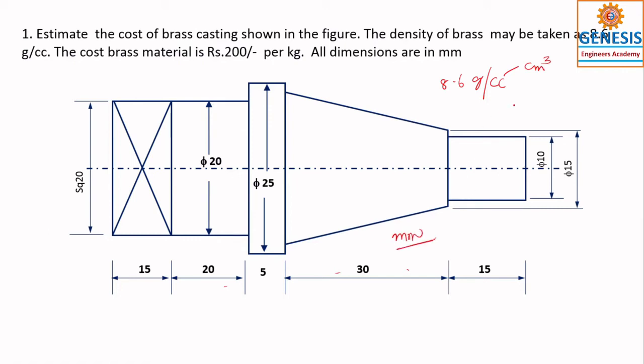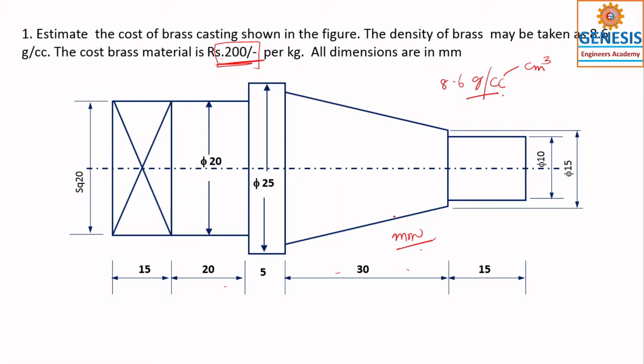So first use the mm as it is, and finally convert it into cc, and you will get the answer in grams, then convert it into kg. Why? Because the cost of the brass is 200 per kg. I hope you understood my point. The only thing is the accuracy always lies with the formula you are using.